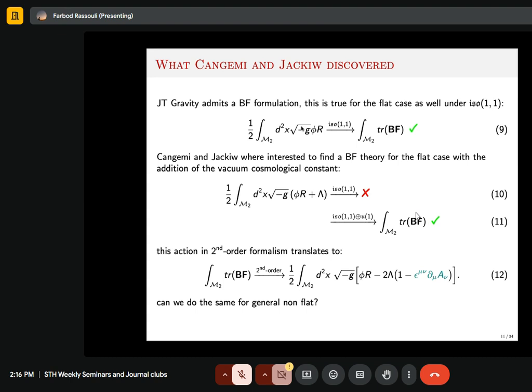I see. I thought that they did it in the CJ original paper. They write it as a BF, like in flat. I'm not sure. No, you have to add this central term. But when you have the vacuum cosmological constant, so the big lambda, yes, exactly. In fact, one idea to have this vacuum energy term is to be able to write it as a BF theory.